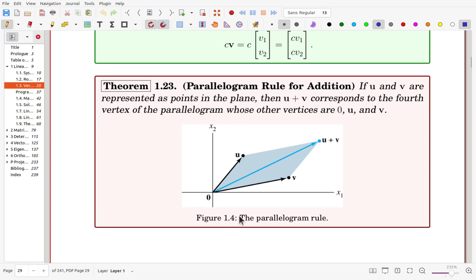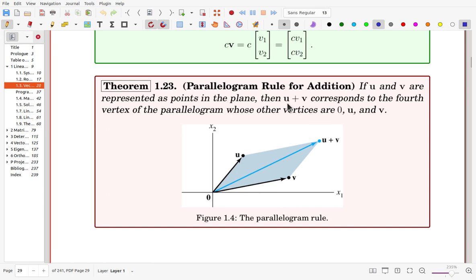Look at the figure. If u is given in this way, and v, then the sum is the fourth vertex of this parallelogram made by u and v. You can figure this out quite easily.